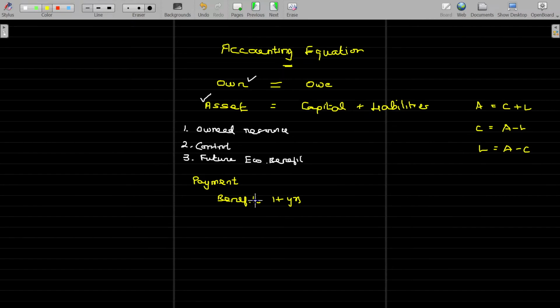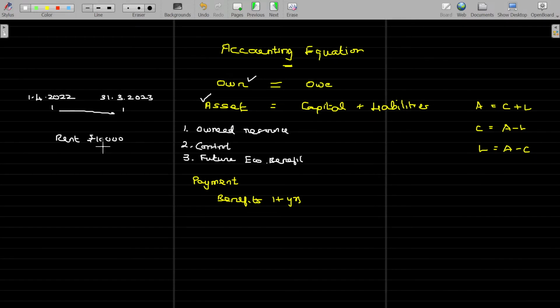For example, I am supposed to prepare accounts for this year. The year starts on 1st April 2022 and this year gets over on 31st March 2023. This is the year. Now, whenever I pay the rent of rupees 10,000, how many days can I enjoy the benefit?